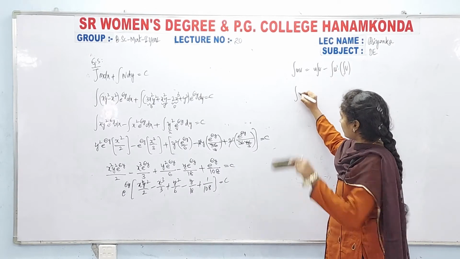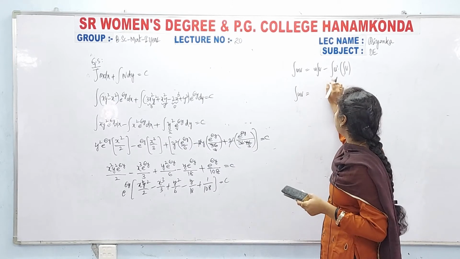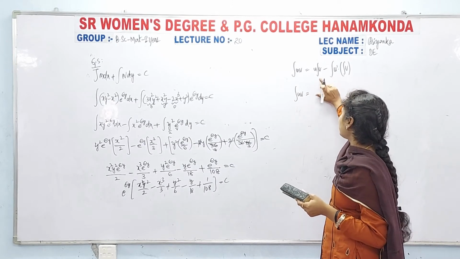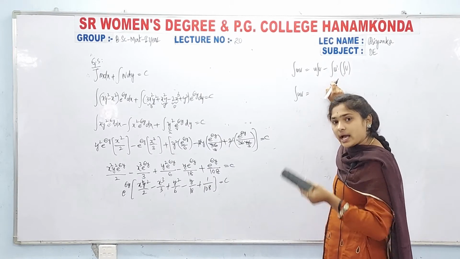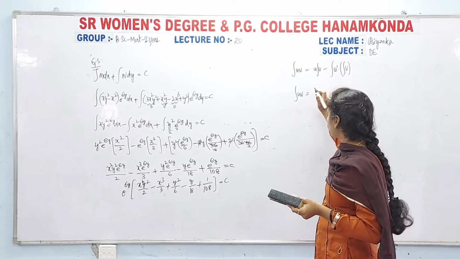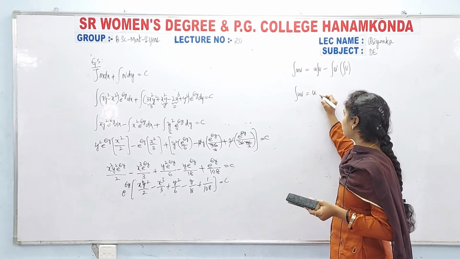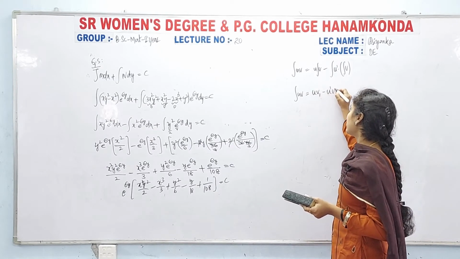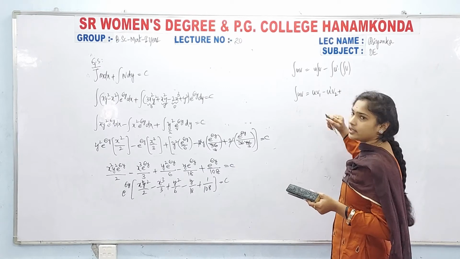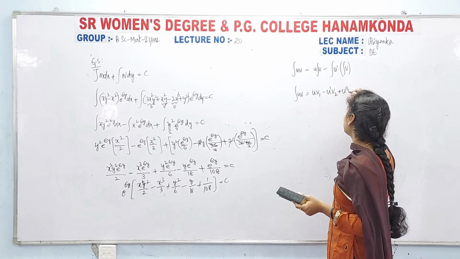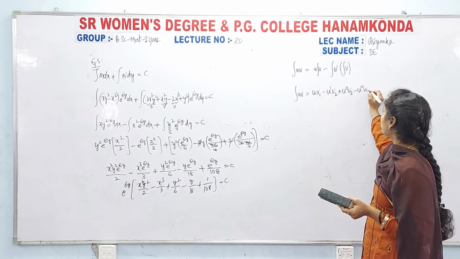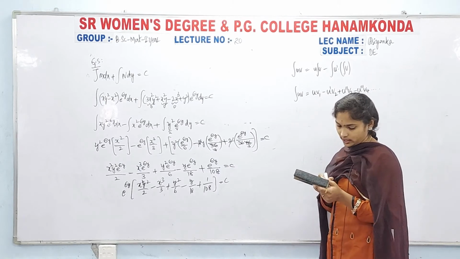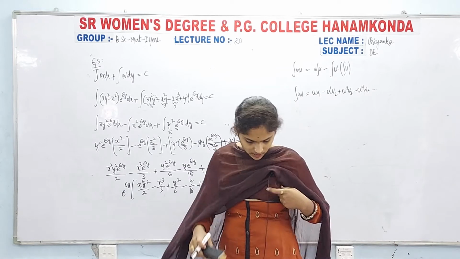But instead of this we can use this directly, because in the first step the integration will be finished, but here it remains, and again we have to go for the next step. Instead we can directly take u v1 minus u dash v2 plus alternating terms u double dash v3 minus u triple dash v4 and so on. Like this we can use the formulas.